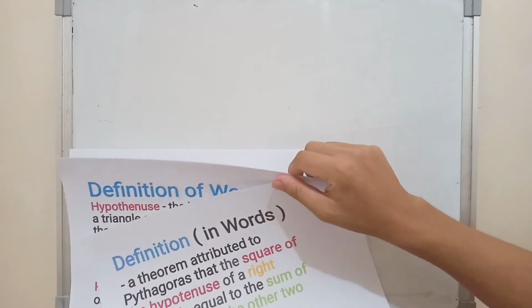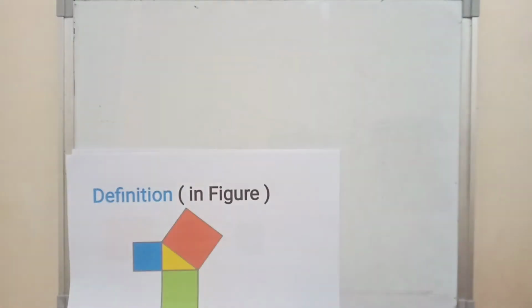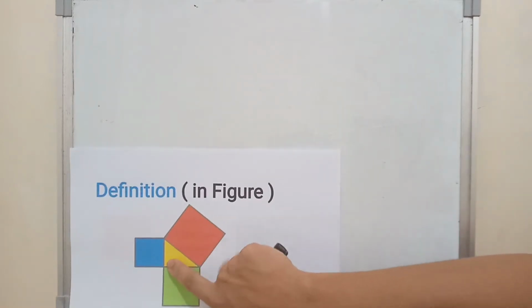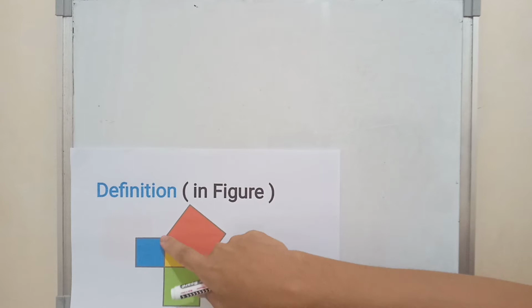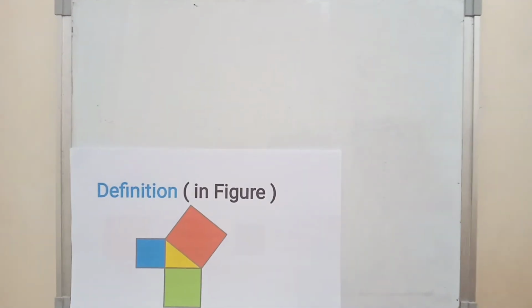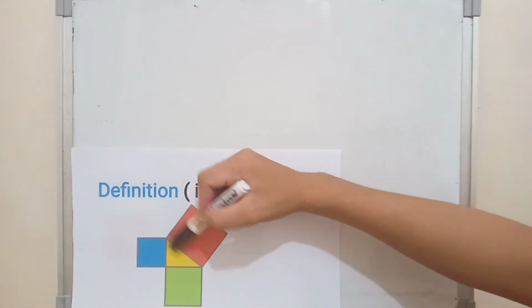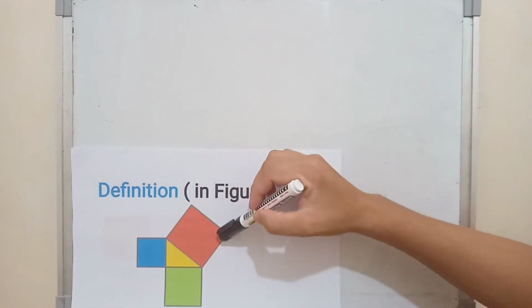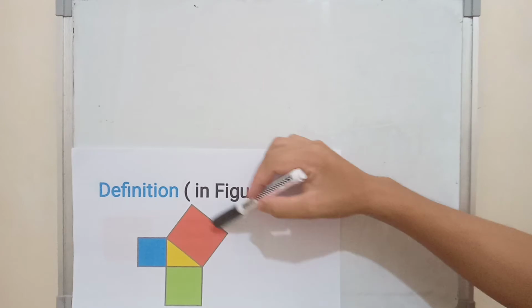So, tingnan natin siya in figure. Ganyan ang itsura niya kapag drawing po natin siya. Ito, yung triangle, colored yellow. Ito yung hypotenuse niya. Yung square of the hypotenuse, itong colored red na square.